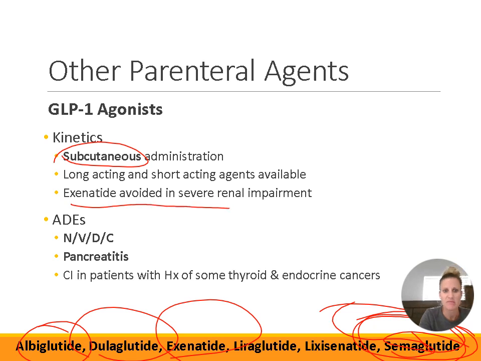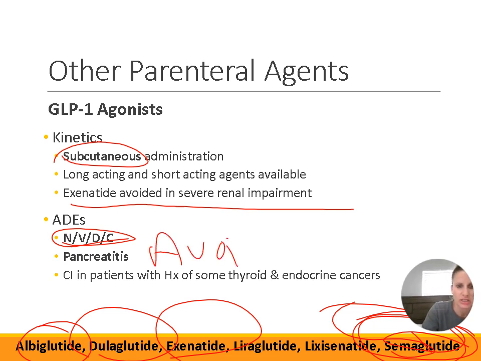Exenatide needs to be avoided in severe renal impairment. Adverse drug effects: nausea, vomiting, diarrhea, constipation. So mostly we see a lot of GI adverse drug effects with these. Pancreatitis is possible, and because of that, we avoid these in patients with chronic pancreatitis.